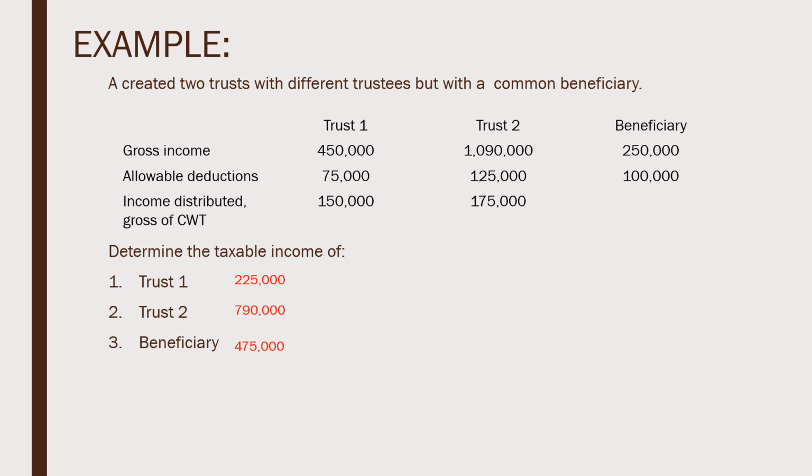For the beneficiary, we just have to get the tax due from the taxable income of 475 using the graduated tax rates. Then we deduct the 15% creditable withholding tax withheld by the trust to arrive at the income tax payable. So I hope that you noted that down, or you can try it on your own as well.